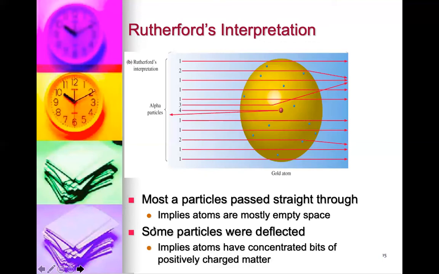So a big deflection means atoms must have a dense positive charge in the middle. So that will be the conclusion from the second observation. Some particles were largely deflected, and that concludes that there is a condensed positively charged matter in the center of the atom.